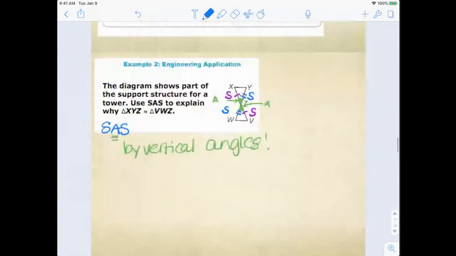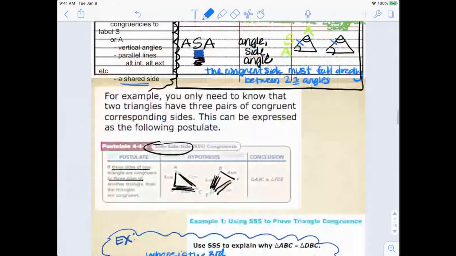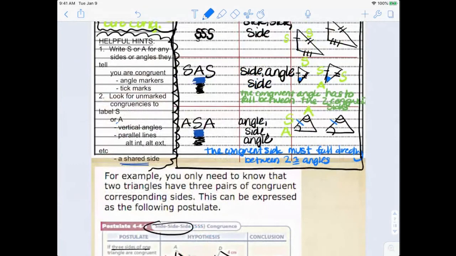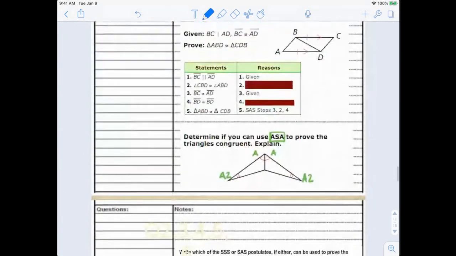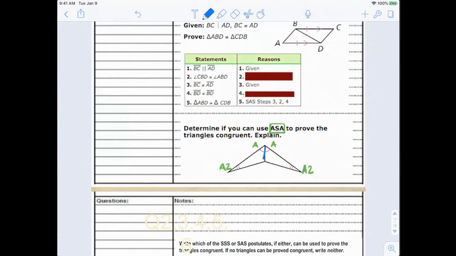Then it said, going way back here to reference, label anything that's not marked. So do I have vertical angles, a shared side, or parallel lines that form congruent angles? Well, I have a shared side.